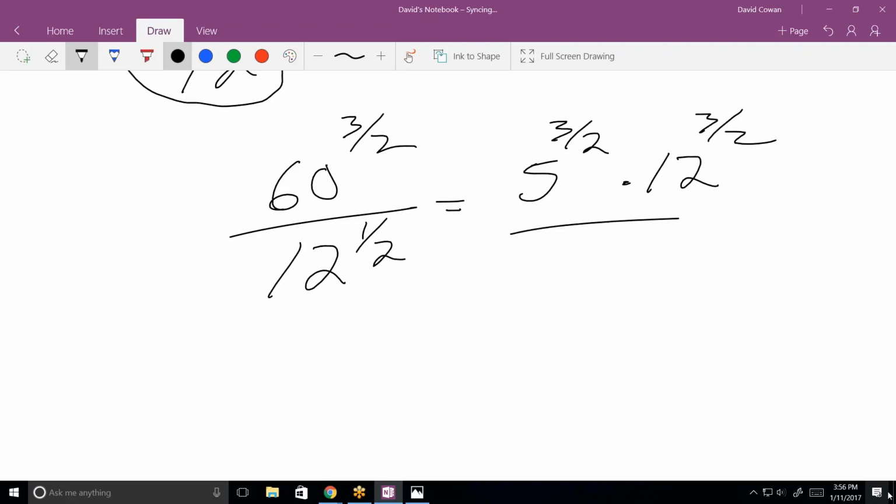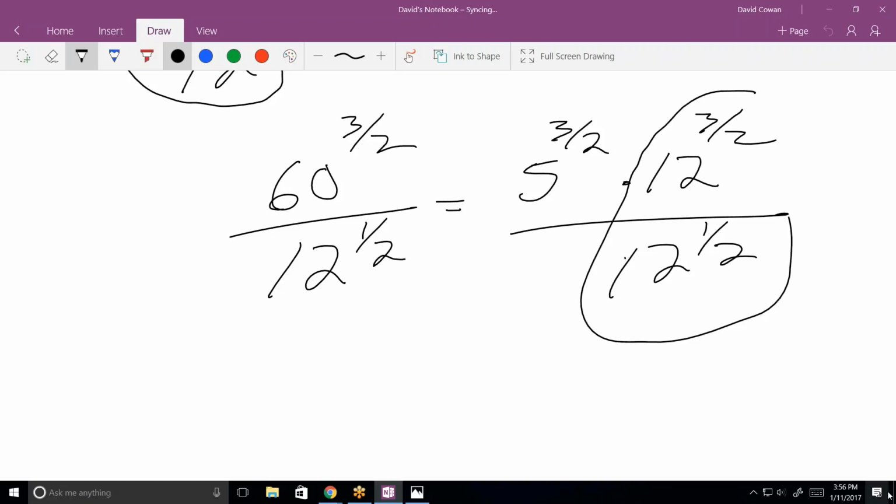That's the numerator. And then the denominator is that. And now what I'm going to do is turn that into 12. So my answer has to be 5 to the 3 halves times 12. That makes sense. And that's the proper way to do it.